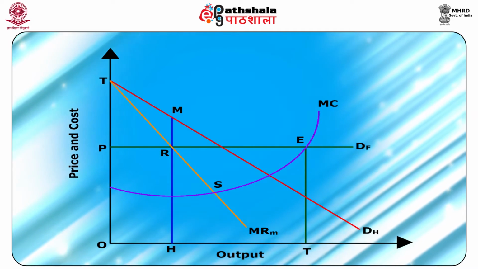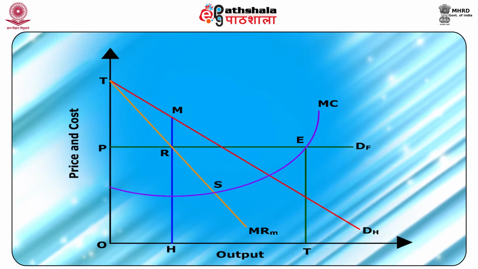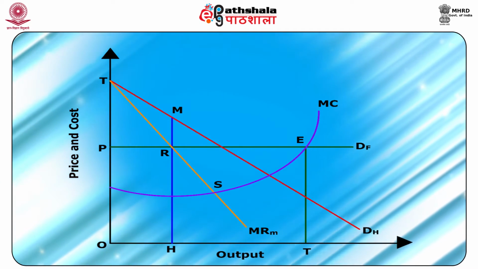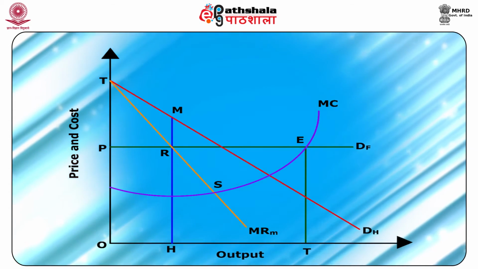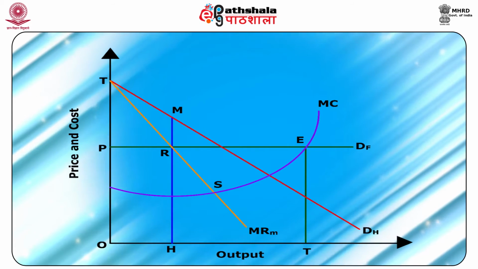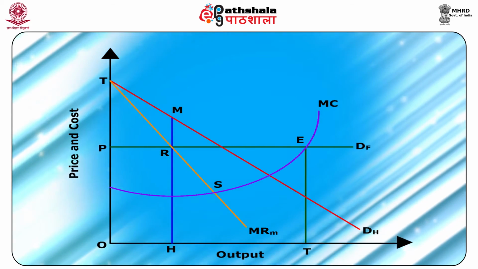Therefore, what we can see is that the foreign market demand curve faced by a monopolist is the horizontal line PDF, which is also the marginal revenue curve, because in the foreign market it is assumed to be the competitive price and it is perfectly elastic.